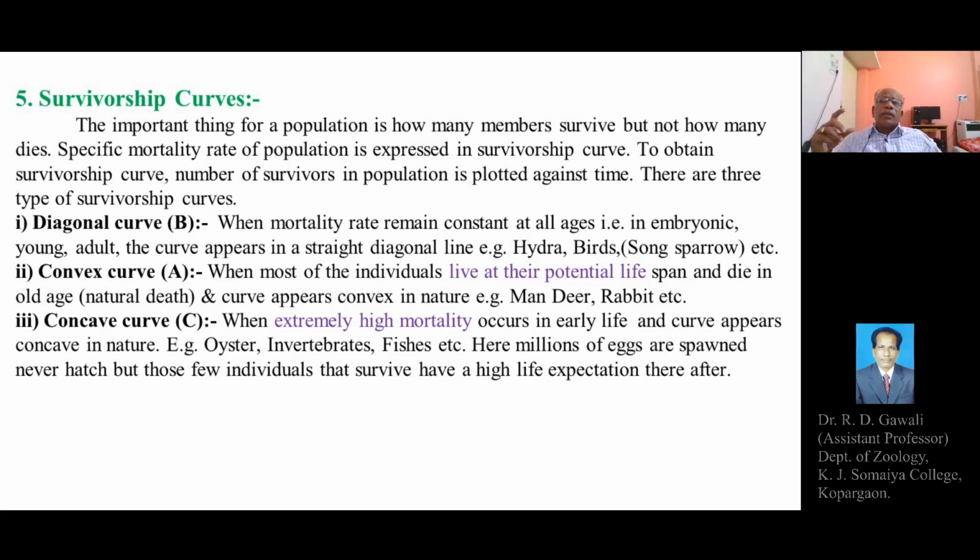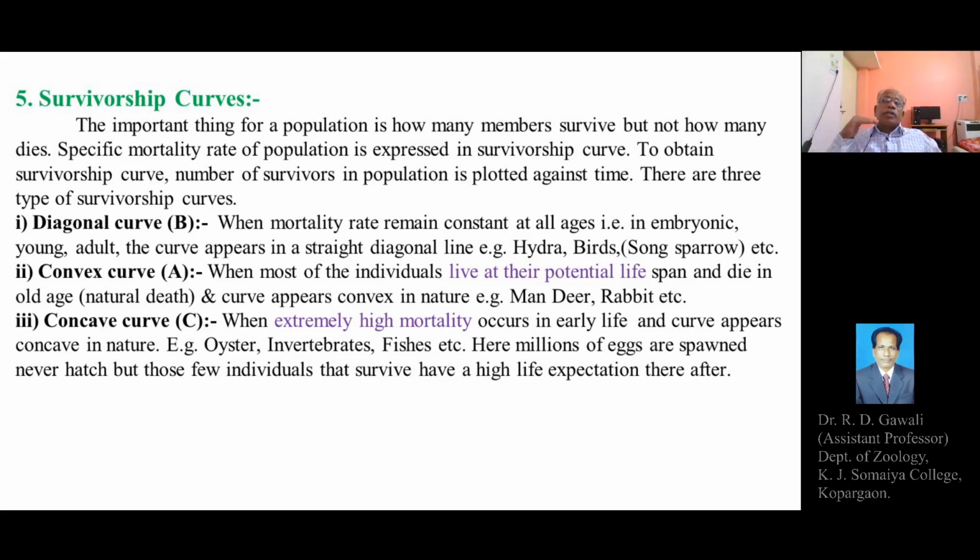Majority of the eggs will not develop into new organisms, and out of those that do, very few survive, grow, attain their adult stage, live for their potential lifespan, and then die.